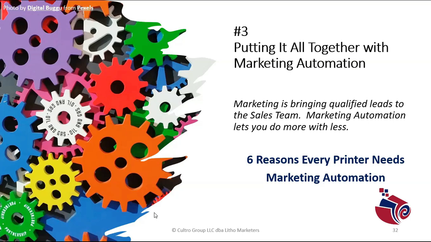And digital marketing is so specialized, it's just not realistic to ask salespeople to shoulder some of those responsibilities. So here's 6 reasons that every printer needs to have some form of marketing automation.